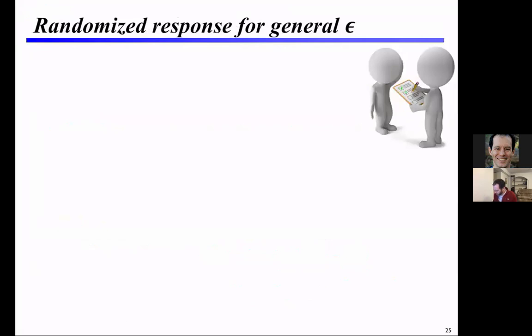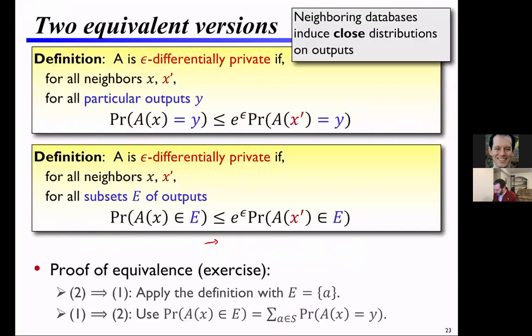Okay, so we can formalize that a little more generally as follows. There are really two equivalent versions of the definition. One is the thing we saw before, our original definition here, that looked at all subsets of outputs. And that's completely equivalent to a version where instead of looking at subsets of outputs, we look at specific outputs.